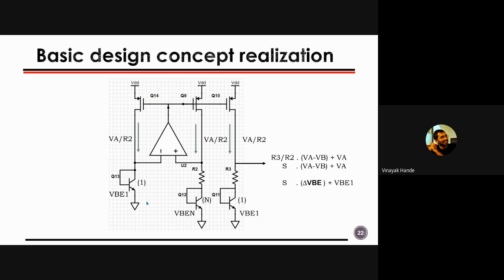In the next few slides we'll get to know that, because while simulating the circuit which you are seeing on the screen, it will definitely work in simulation, but once you go and fabricate it, there is a 50% chance that it will work and 50% chance that it may not work, right? So the probability of working of a fabricated circuit of this diagram is 50%. Why it is so and how we can make it 100%, we'll see in the next few slides.